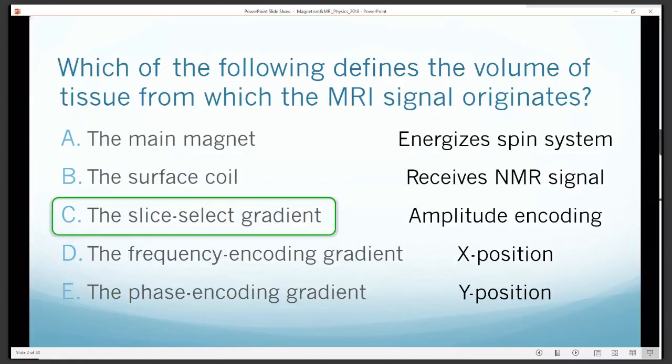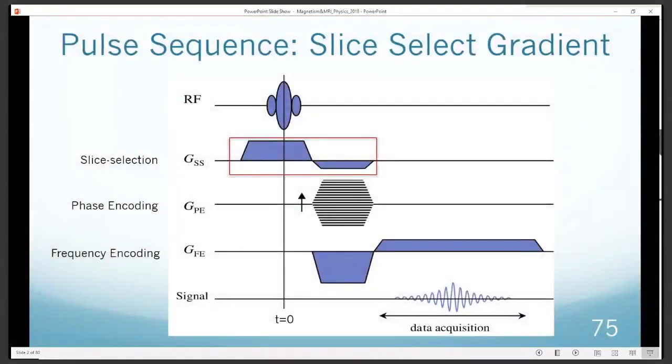Surface coil is a type of radio frequency coil that receives the NMR signal, and the frequency encoding gradients give us X position in this case and phase encoding Y position, but it's a slice select gradient through the amplitude encoding process that defines the volume of tissue. It works along with the radio frequency excitation pulse in order to together define the location and the thickness of the slice of tissue that we look at.